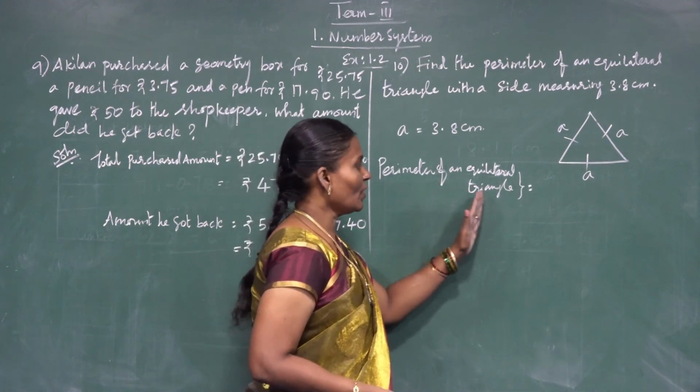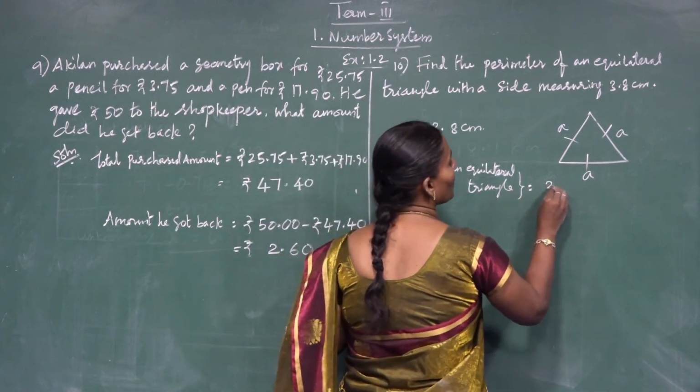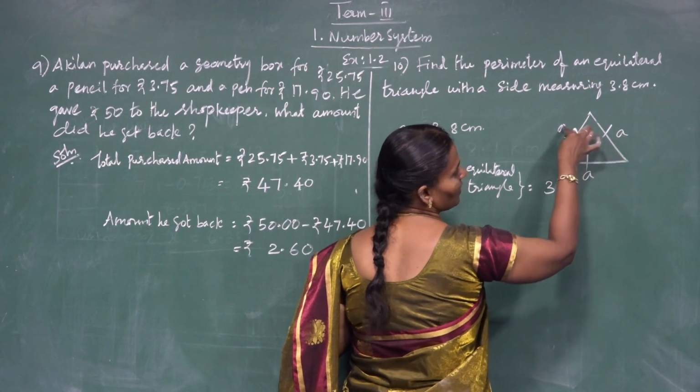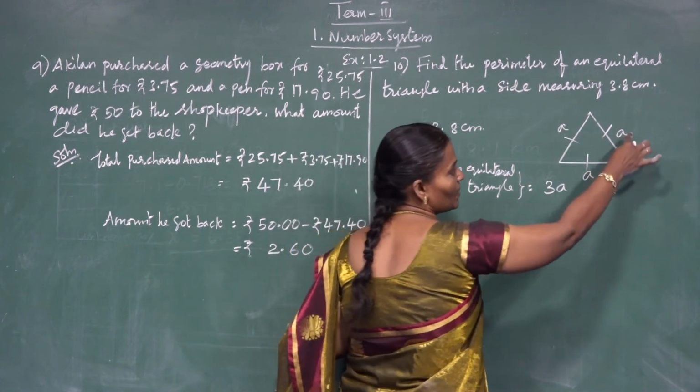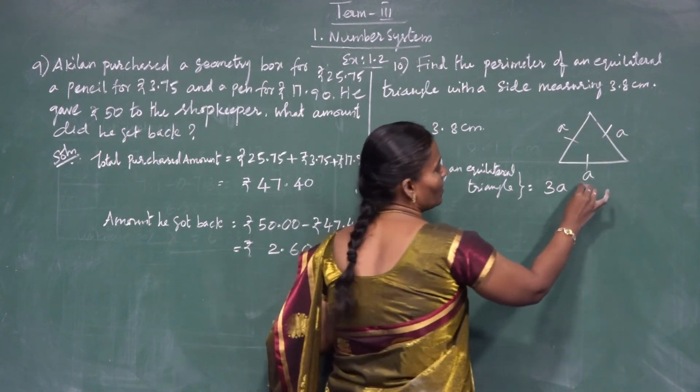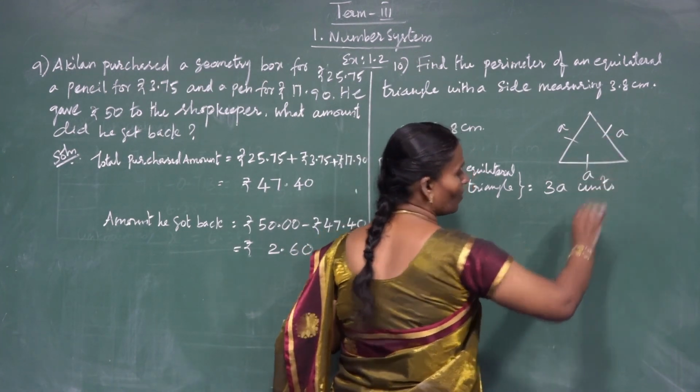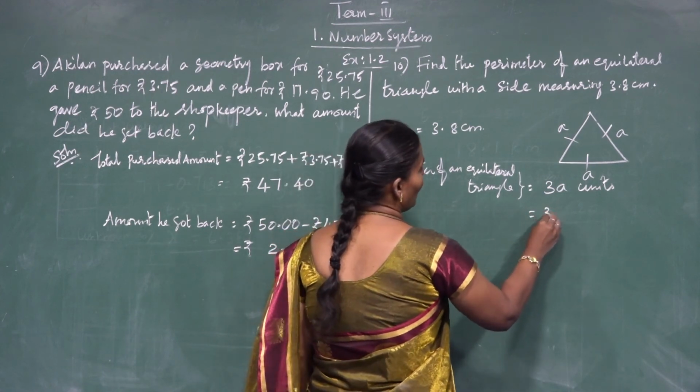So the perimeter of an equilateral triangle is 3a. That means a plus a plus a is the sum of all sides. Perimeter means sum of all sides. a plus a plus a is 3a units.